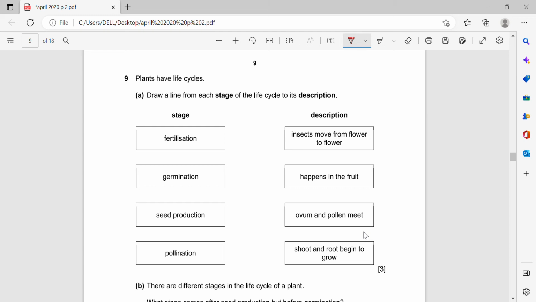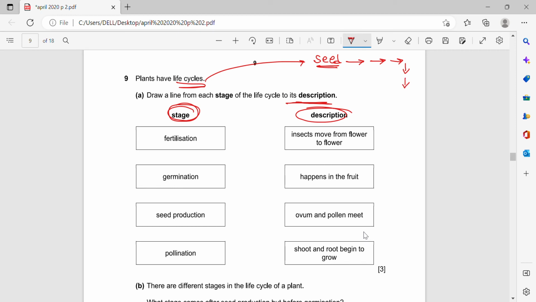Question number 9, plants have life cycles. Draw a line from each stage of the life cycle to its description. I have here stages and I have here the description. Remember, the life cycle of the plant starts with the seed, then the seed gets planted, goes for germination, growth, reproduction, pollination, then seed spreading.